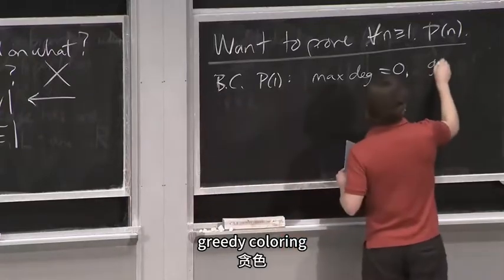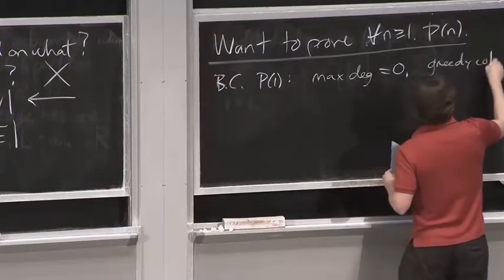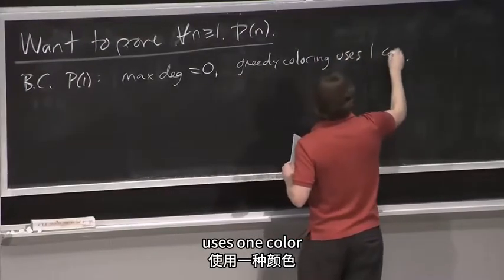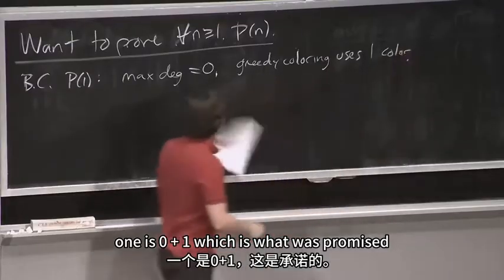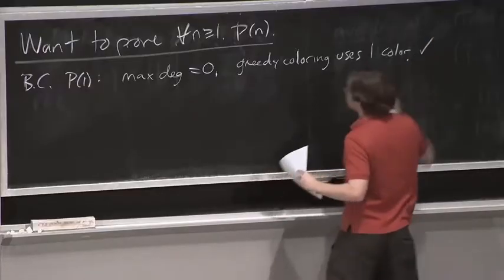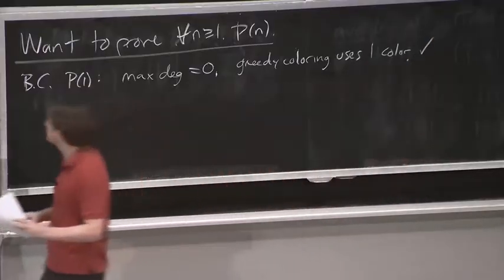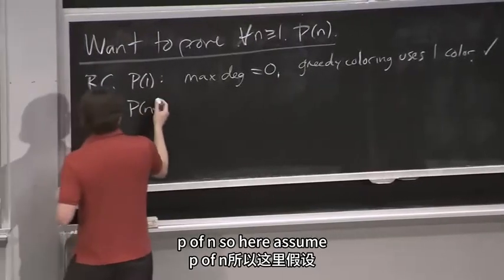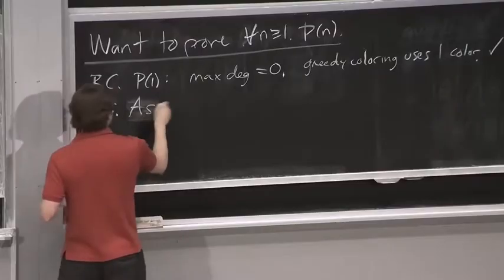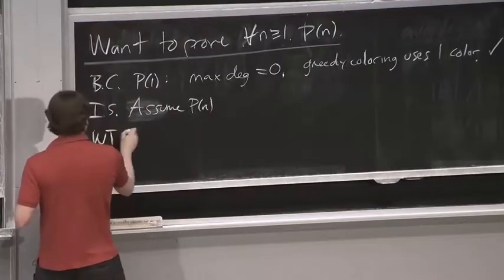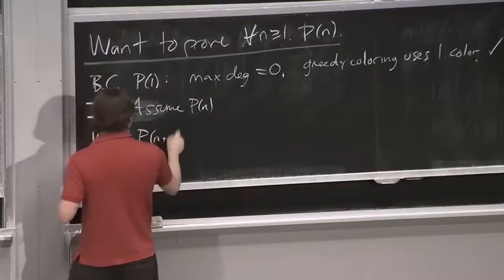Greedy coloring uses one color. 1 is 0 plus 1, which is what was promised. So P of 1 is fine. Let's do the inductive step. Assume P of n, want to show P of n plus 1.